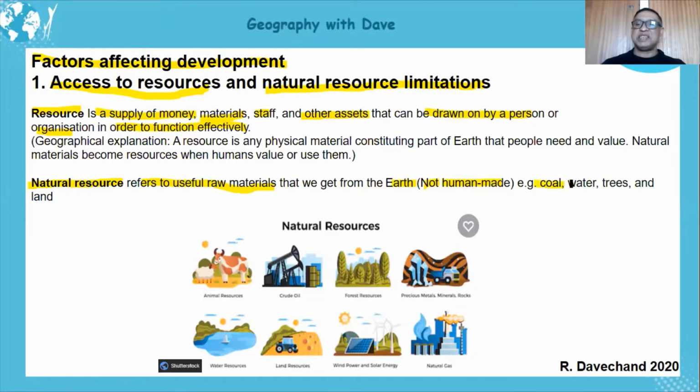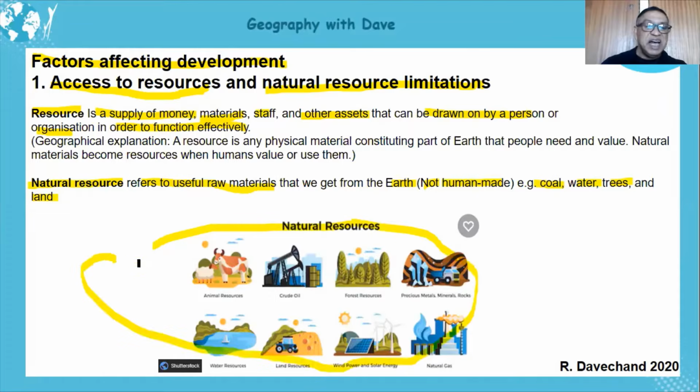Examples: coal for electricity, water, trees, land for farming, etc. That's your natural resource. There's a good example here. Can you see it? Crude oil, animal resources, metals, water, land, wind, solar, natural gas. All those are resources that are useful, but they are natural. So they must be useful.